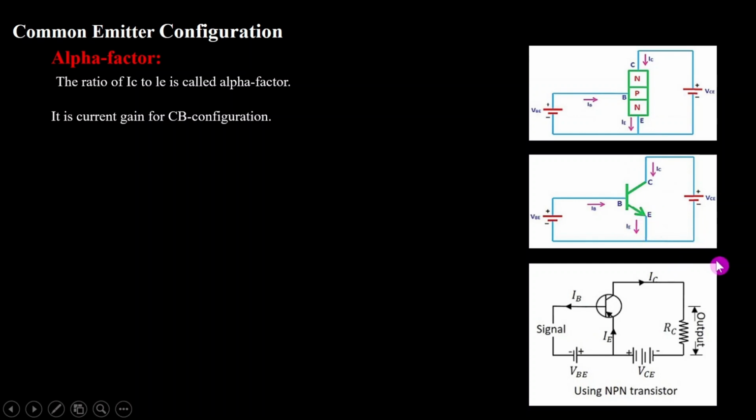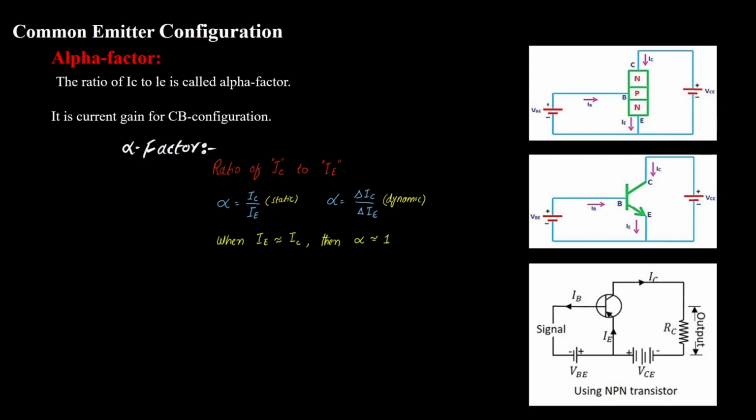It is the current gain in this case. So alpha factor is equal to IC divided by IE.